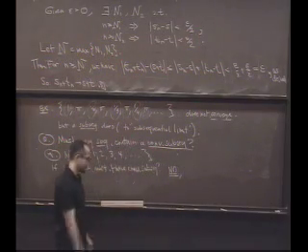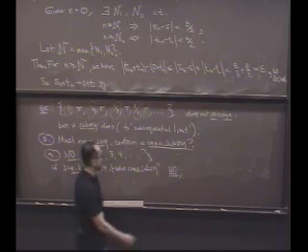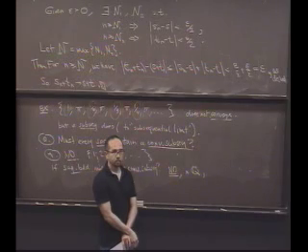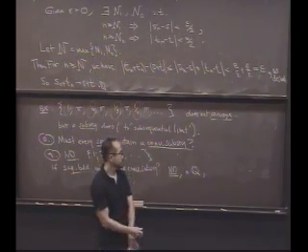So here's an example. Suppose my metric space were the rationals with the usual metric.